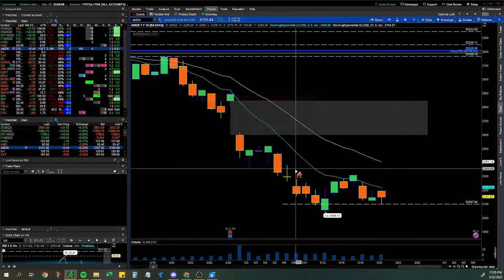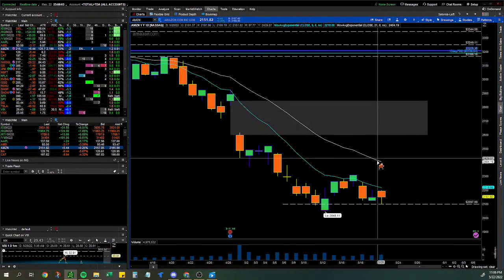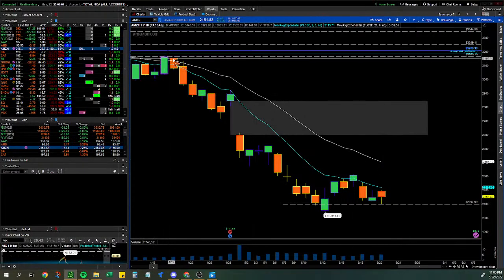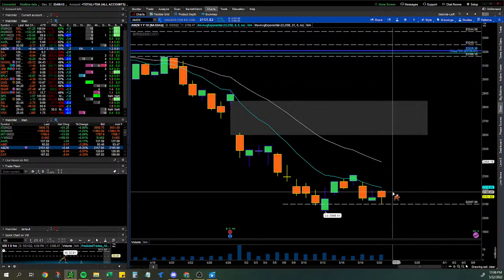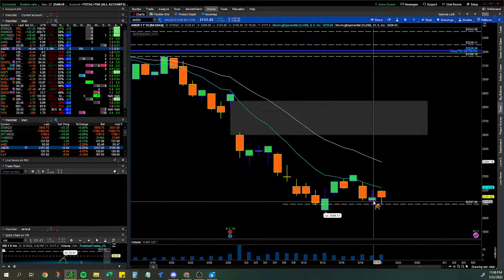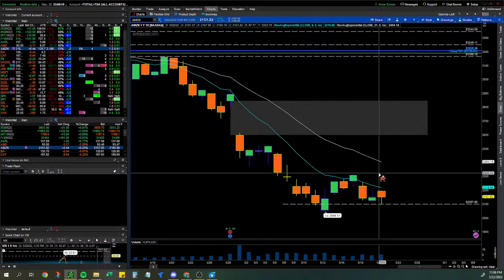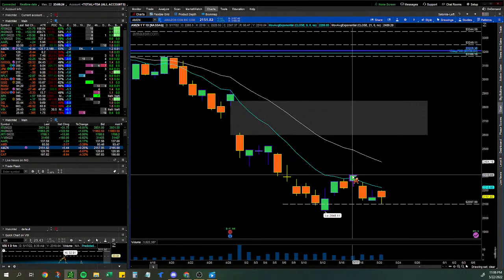Sorry, just marking this gap, because that is the first target if we're trying to push up and get back to something like above 3,000, right? So, definitely going to be keeping an eye on Amazon, watching this interaction with the 8 and the 21 and this high.